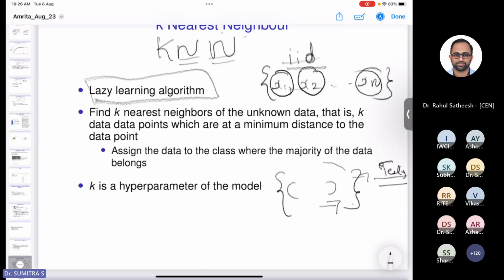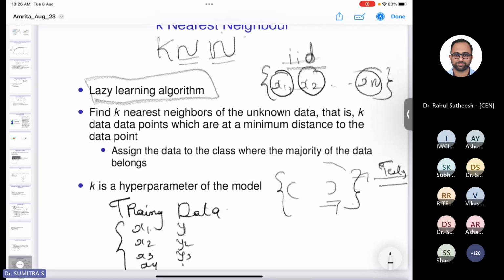Let us see how it works. It's very simple and easy to understand. I have a training data. Training data is the one which we use to extract the information. Four data points are there, with labels Y1, Y2, Y3, Y4. Now apply KNN to this data.